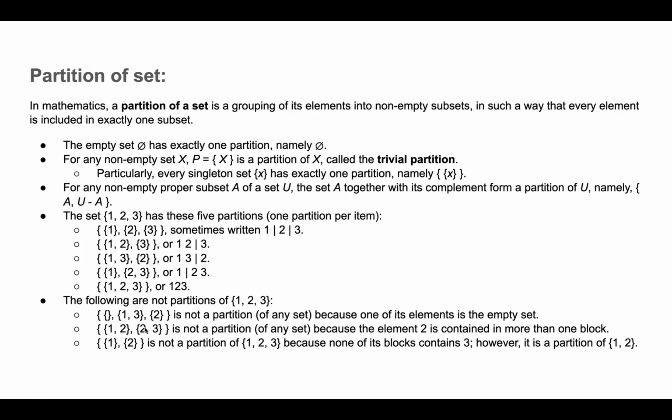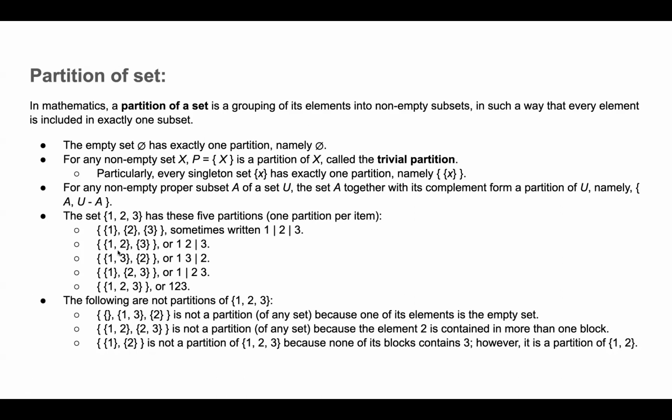Next, {1, 2} and {2, 3}. The first one we saw is not a partition. Now what about this {1, 2}, {2, 3}? Yes, it is not a partition of any set because the element 2 is contained in more than one block. For {1, 2} and {2, 3}, how is the relation maintained there?